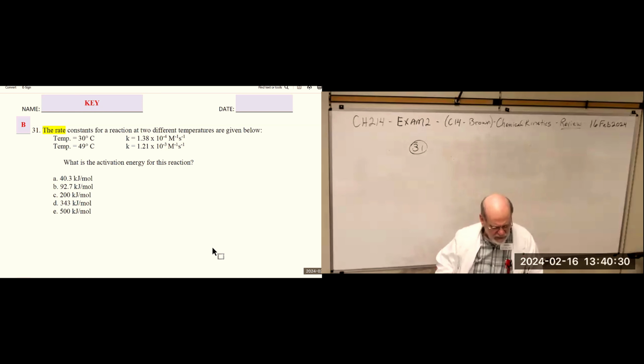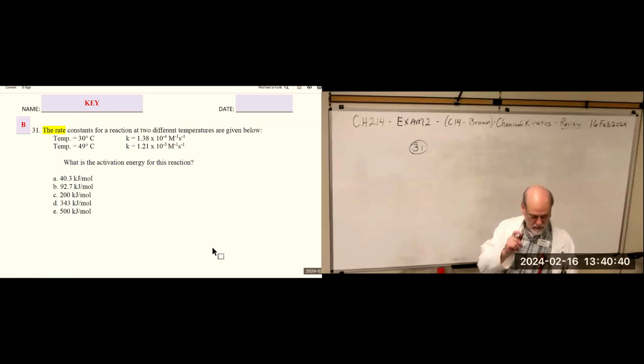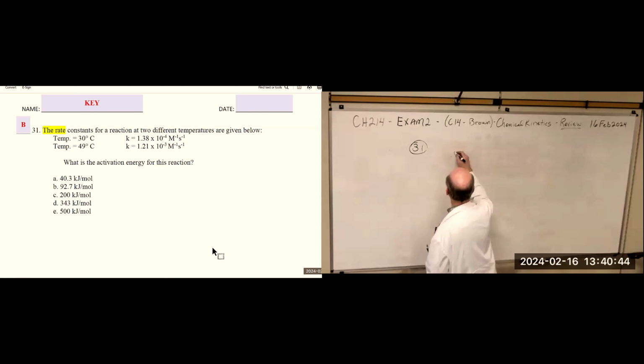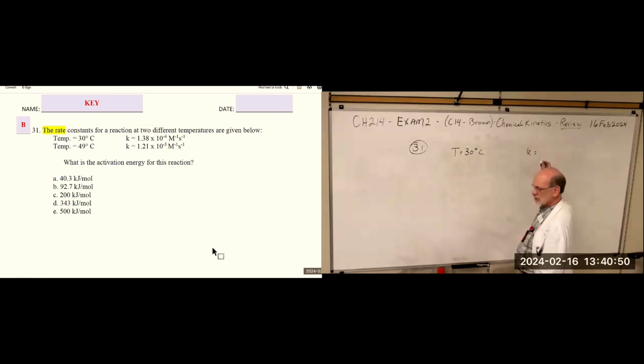All right. Let's see. We have 2 rate experiments, and the K was determined at 2 different temperatures. This is an Arrhenius problem. So at temperature 30 degrees C, the K turns out to be 1.38 times 10 to the minus 4.